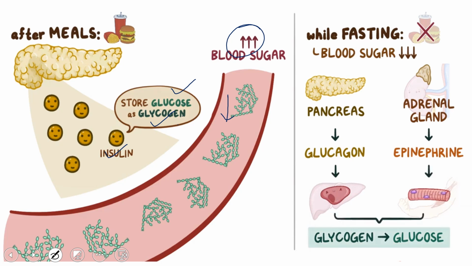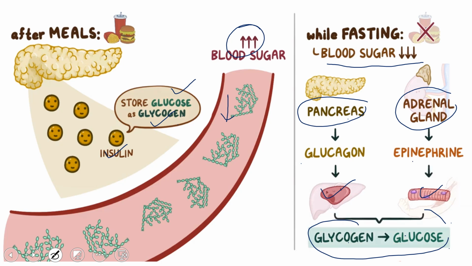At the time of fasting, because we don't have food, the body sugar level goes down, and a signal comes from the pancreas as well as the adrenal glands. The pancreas releases glucagon, which converts glycogen into glucose. Similarly, the adrenal gland releases epinephrine, which works on the muscles and the liver to convert glycogen into glucose, and ultimately the glucose level rises.